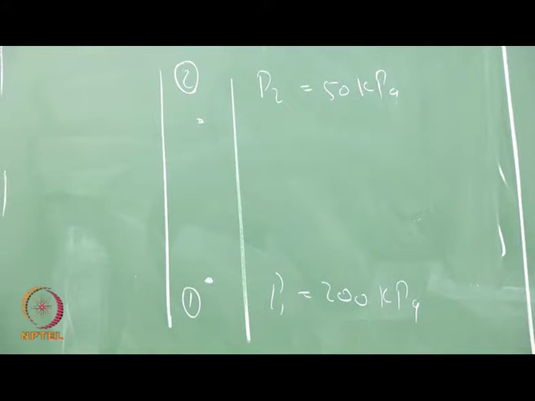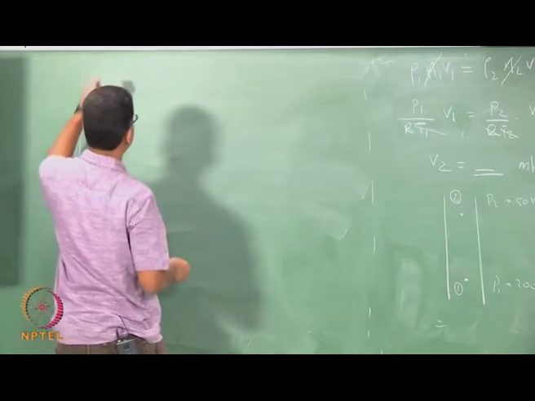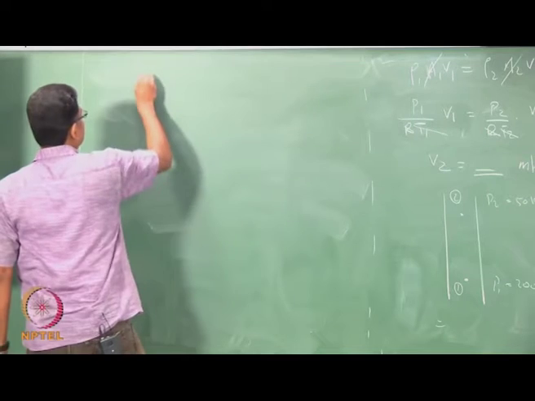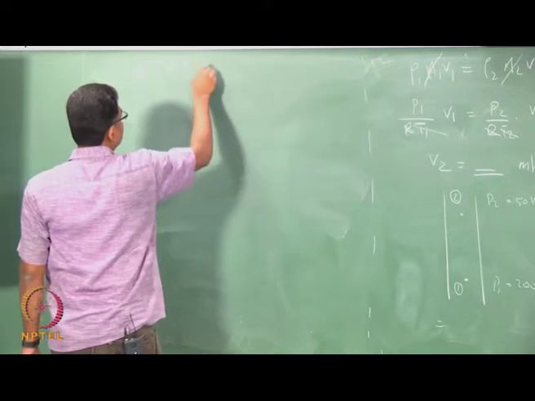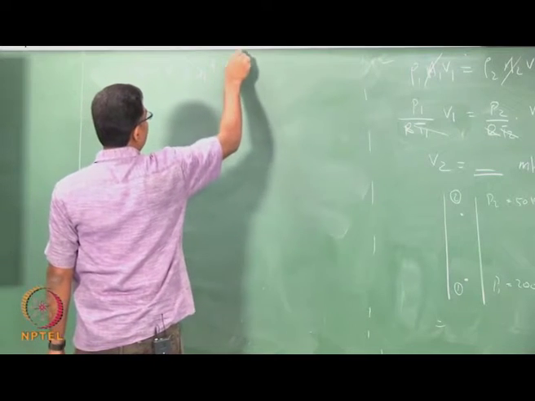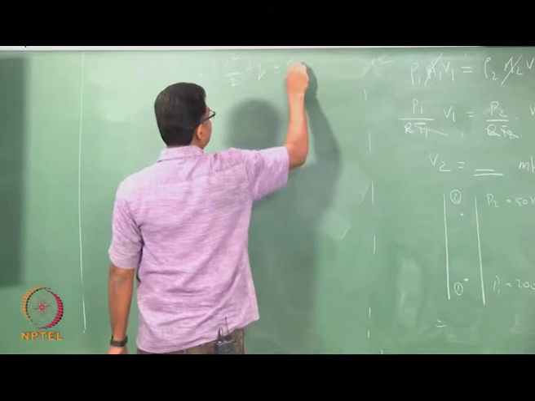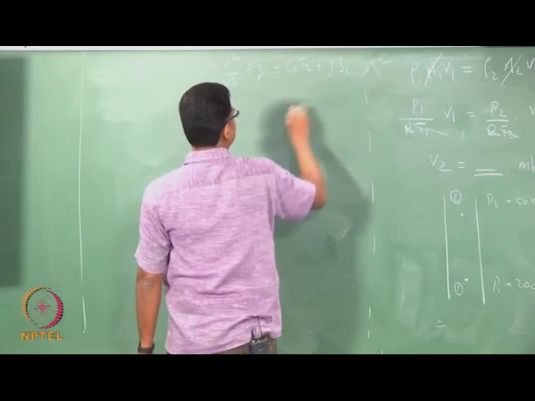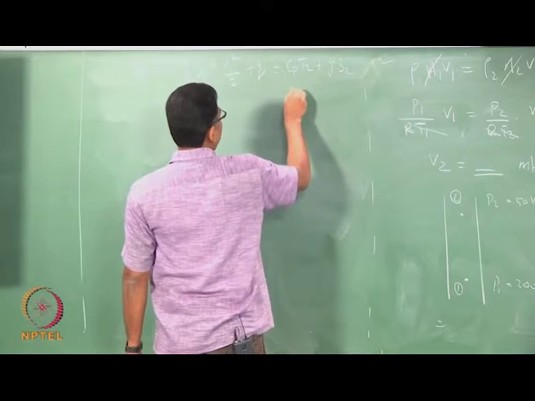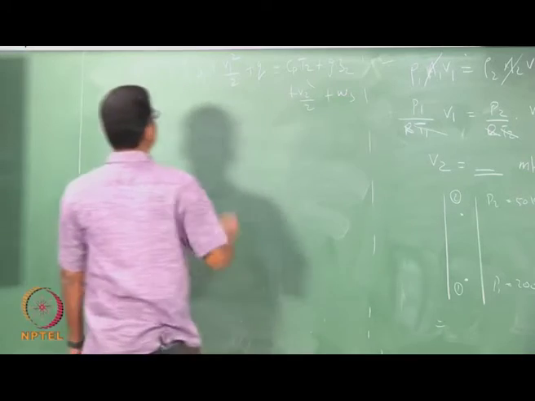So, your H, Cp T1 plus G Z1 plus V1 square by 2 plus Q equals Cp T2 plus G Z2 plus V2 square by 2 plus Ws.